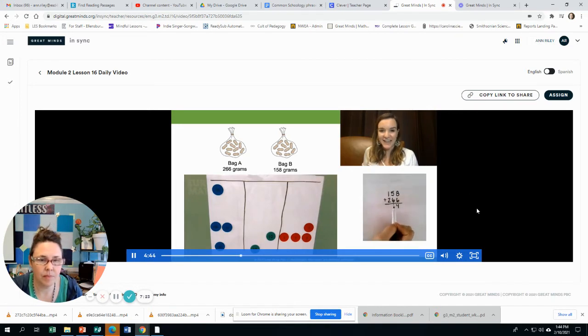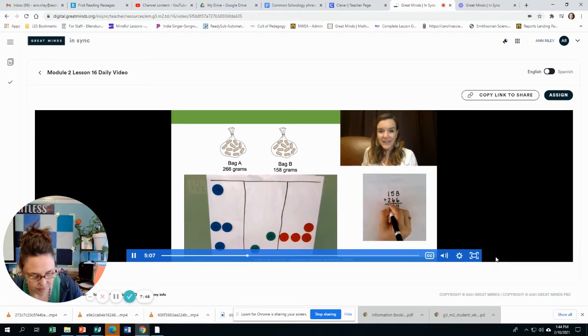5 tens plus 6 tens plus the 1 ten we bundled is 12 tens. Let's rename some tens as hundreds. Reflect on how many hundreds and tens are in 12 tens. 1 hundred, 2 tens.